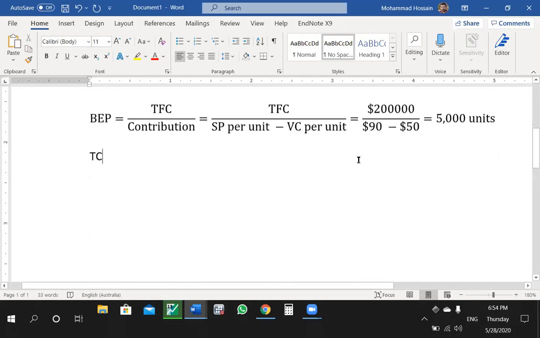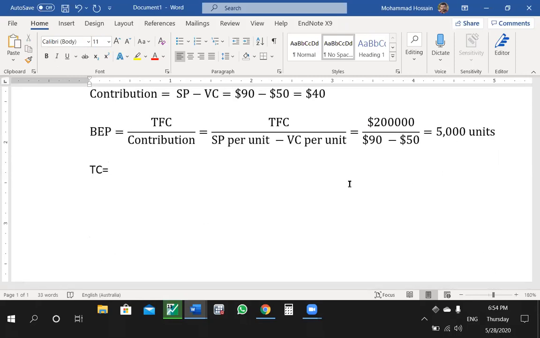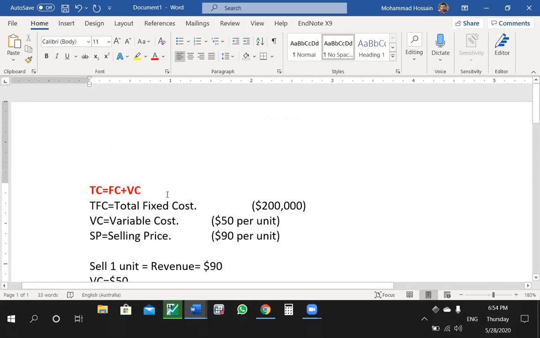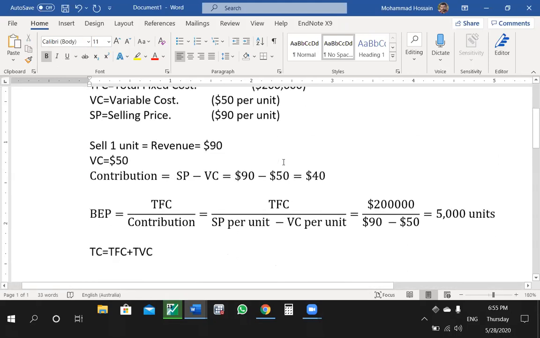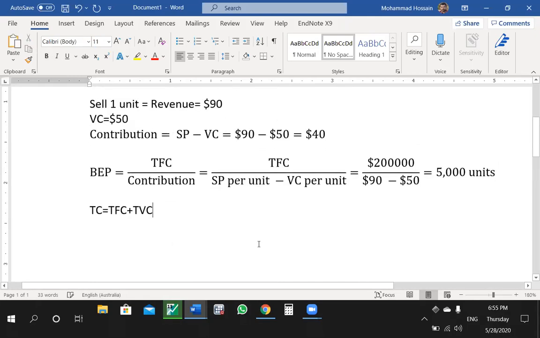Total cost is equal to total fixed cost plus total variable cost. It's not only just variable cost. So how much is my total fixed cost? Fixed cost is fixed regardless of how many units I produce, doesn't matter. So this is $200,000 plus total variable cost.